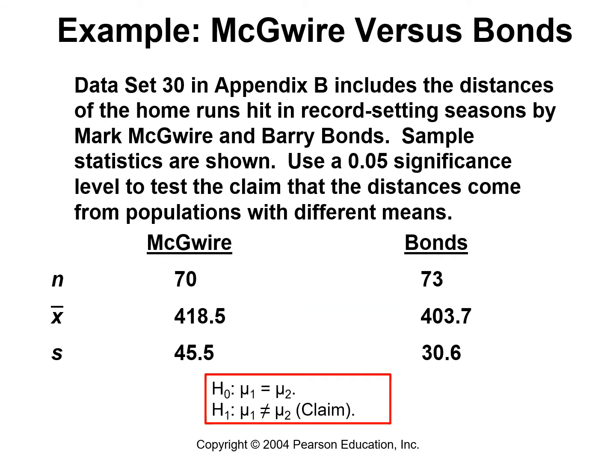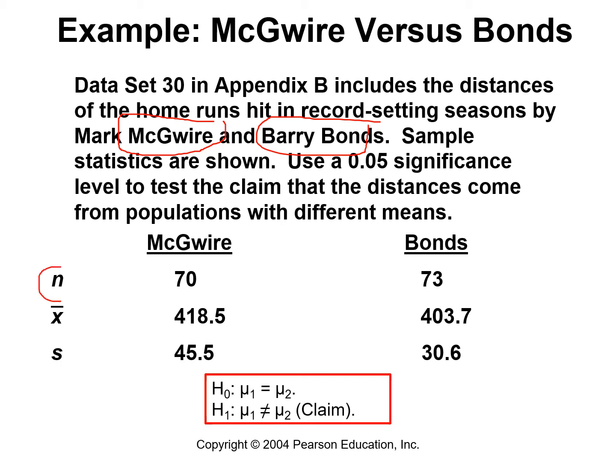For example, this is an example taken from baseball. Here we want to examine the difference between two players, McGwire and Barry Bonds. We have two independent samples of home run hit records. Number 1 for McGwire, number 2 for Bonds.